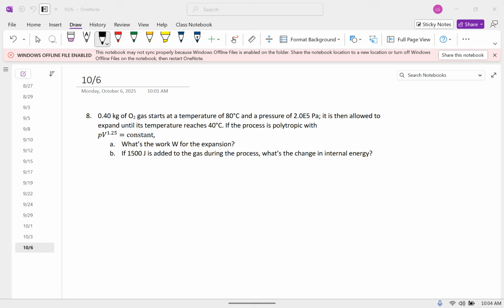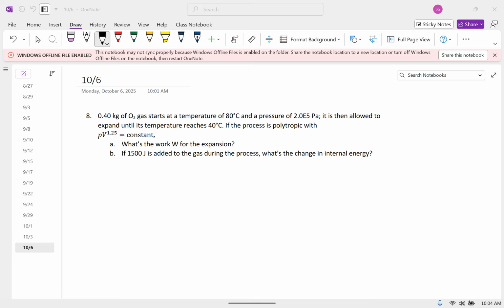Okay, so we know the mass of O2 gas. We have information about it. And so, let's see.